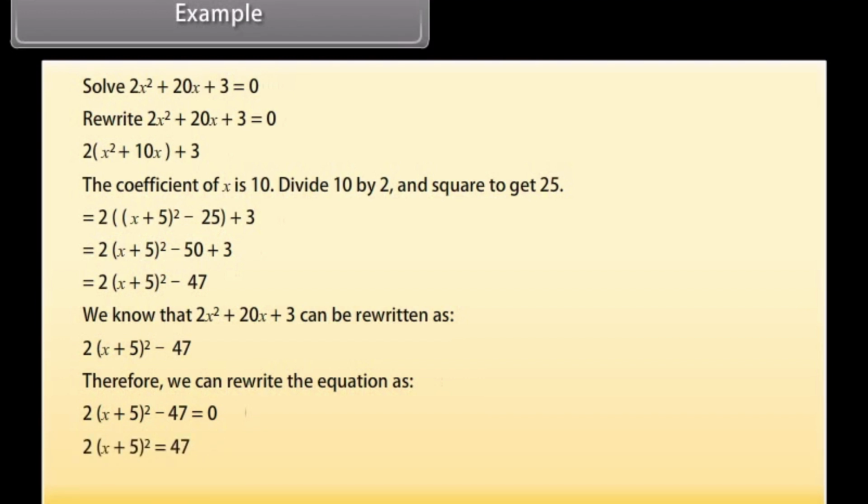2(x + 5)² is 47. Now dividing both sides by 2, we get (x + 5)² = 23.5.